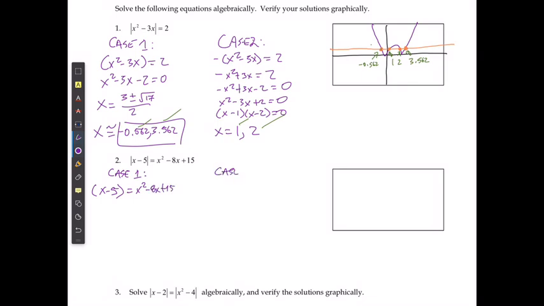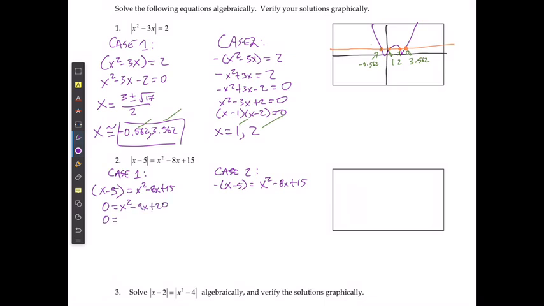And case 2 is going to be negative of x minus 5 is equal to x squared minus 8x plus 15. If x minus 5 is equal to x squared minus 8x plus 15, I'm going to subtract x from both sides. I'm going to add 5 to both sides. 0 is equal to x squared minus 9x plus 20.